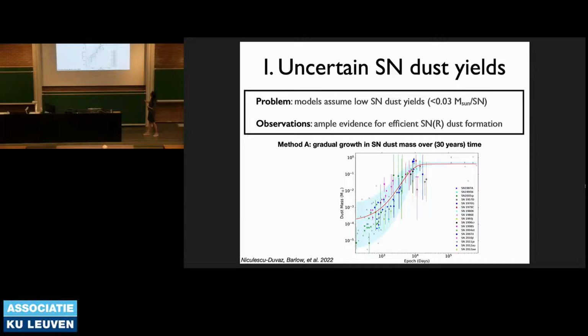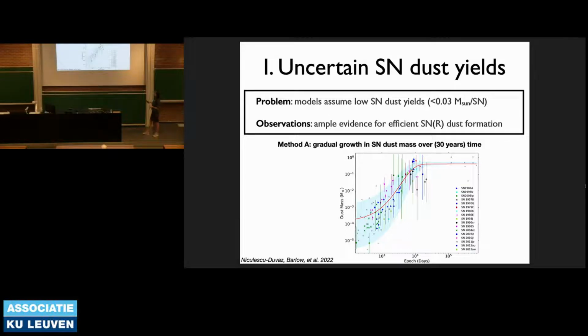If you just focus on the blue points, you can clearly tell that dust mass is growing in supernova 1987A, but what we can now say is that a lot of other supernovae seem to follow the same trend. So gradually over time, and this goes up to 30 years or so, we see a gradual buildup of dust mass in supernova remnants.